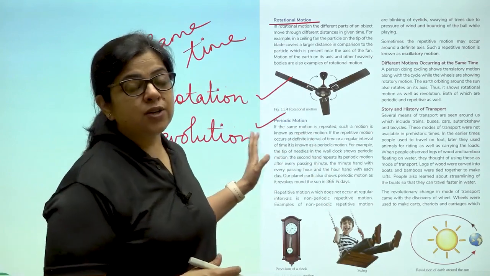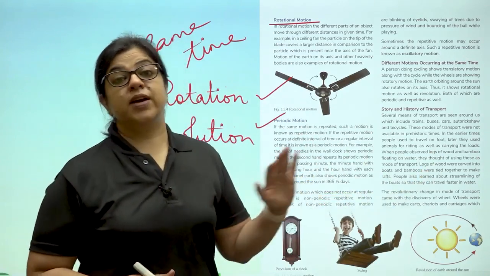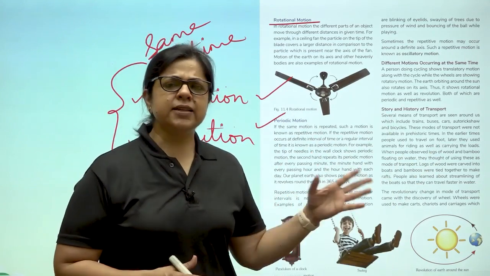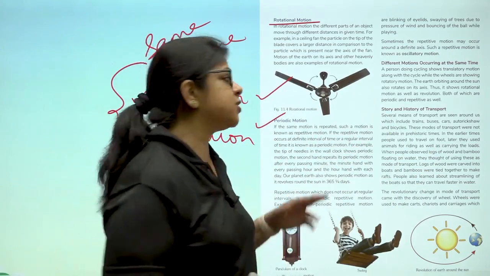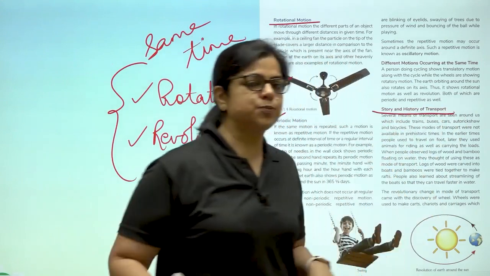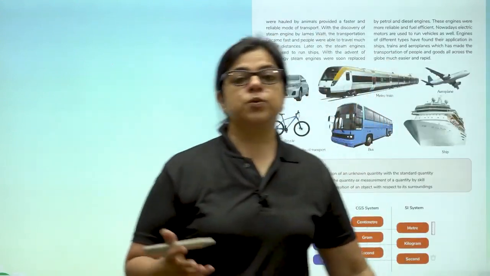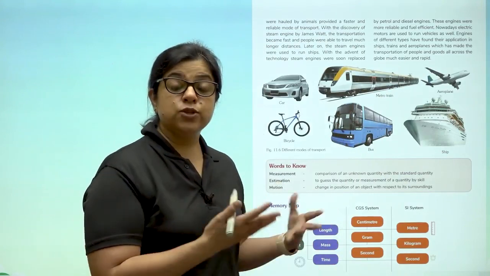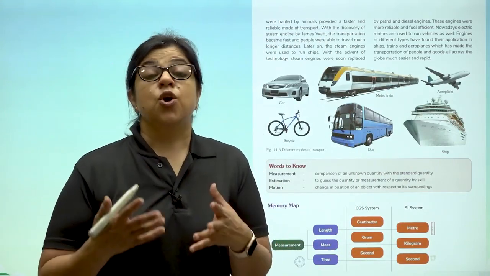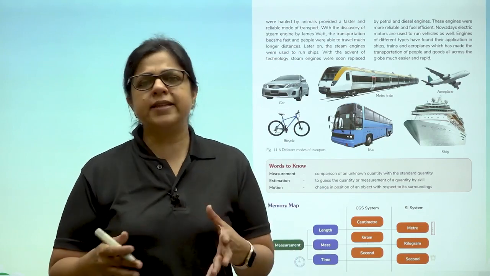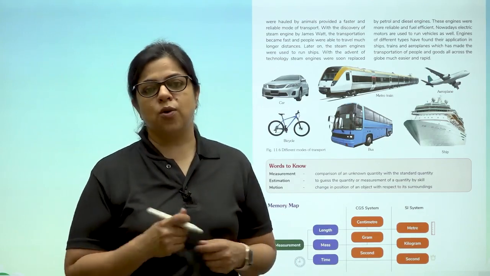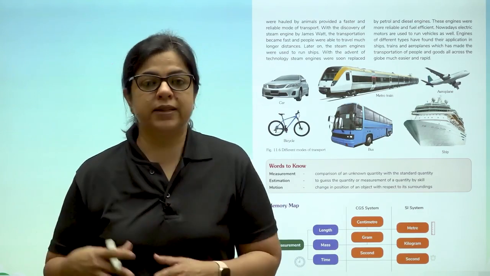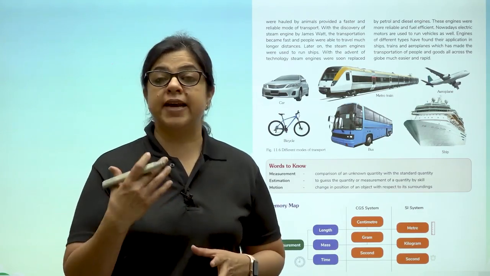So children, having understood the different kinds of motion, having understood why there was a need for standard units of measurement, let us quickly recall what was the story of development of transport. So in earlier days, what was early human doing? The early human was either using his own feet, he was using animals or raft or anything that was made up of wooden logs. Over a period of time, when wood was used to make the wheel, then he used to design carts.